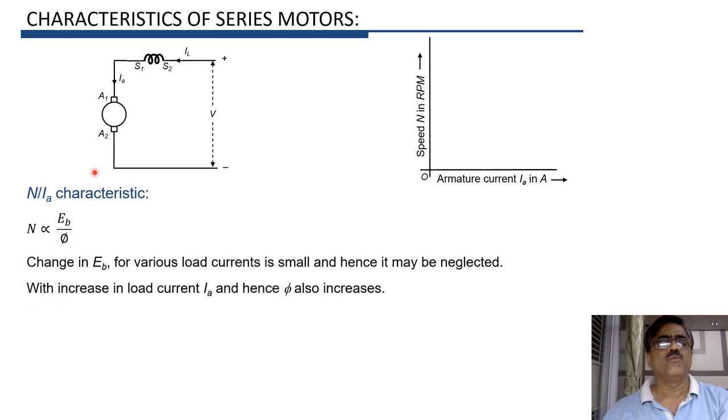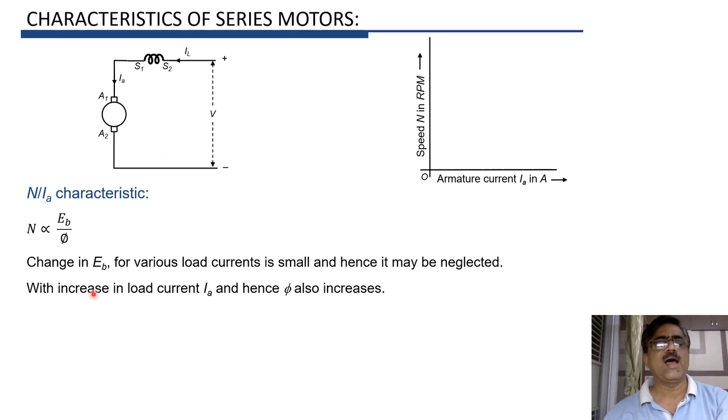Here the field winding and armature are connected in series. When the load on the motor is increased, Ia will increase. The same current Ia is flowing through the field winding, so flux phi will also increase.